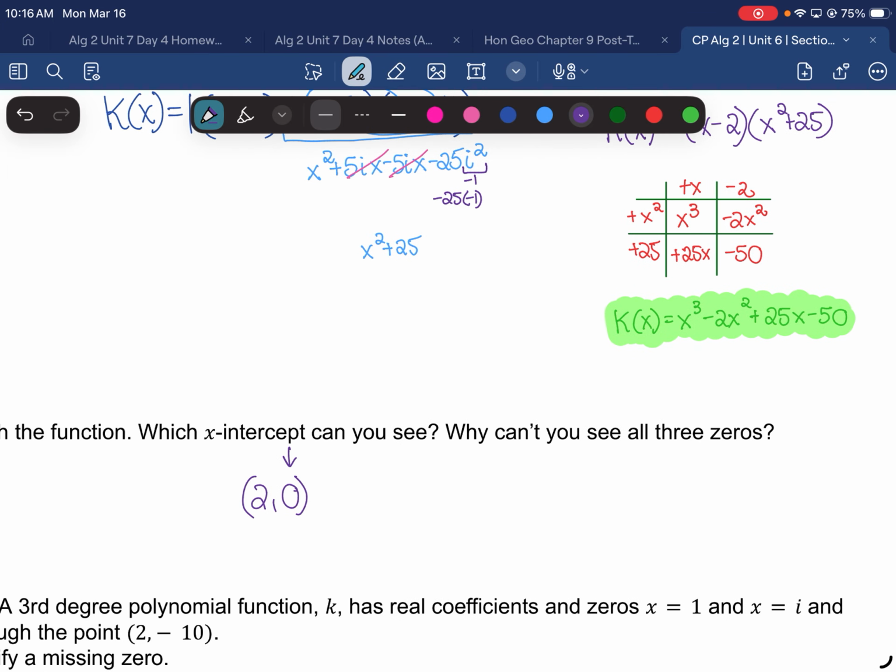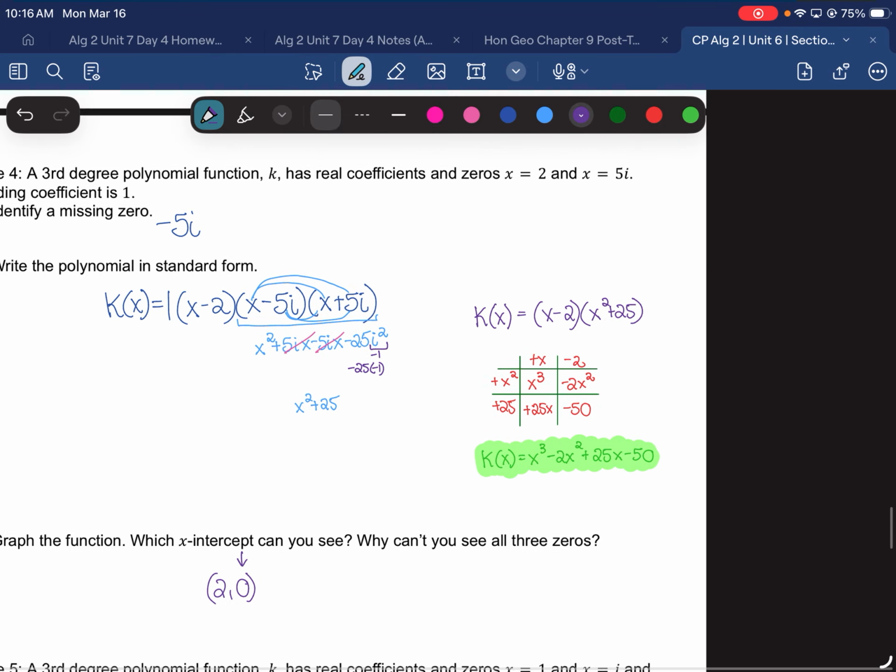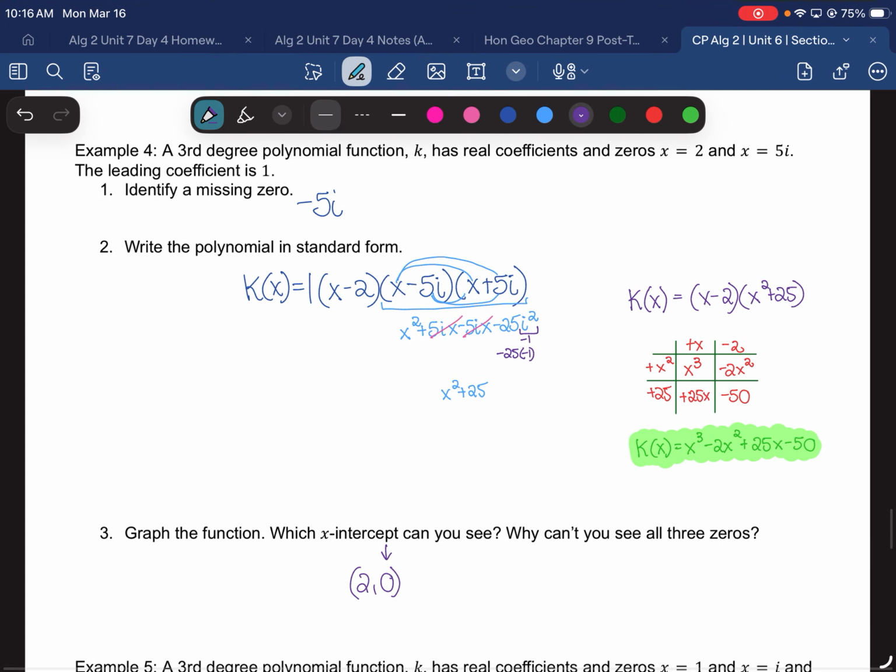No. Do you know why? Is that also like the thing we did before when it's not a real number? Yeah, it's not a what number? A real number? Right, we call them imaginary. You are only going to see real zeros, real numbers, as x-intercepts on your graph. These other two, positive 5i and negative 5i, you're never going to see those on your graph.